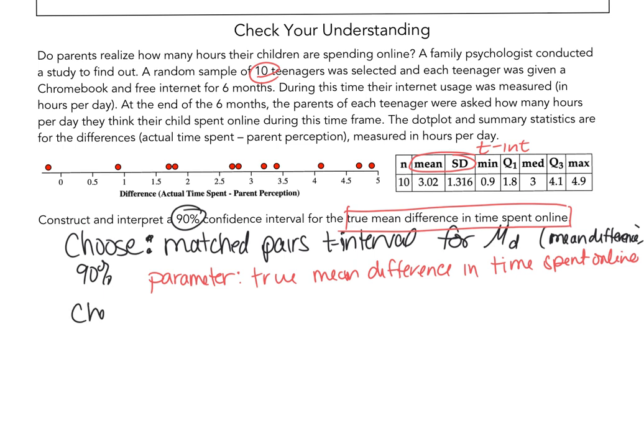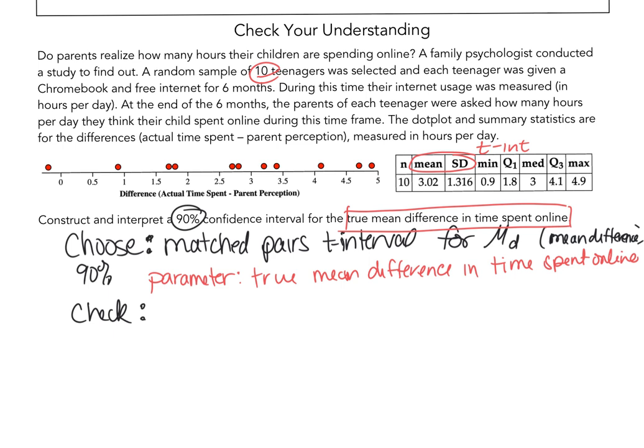The next is check. We have our 3 main conditions. For the T intervals, it's going to be random or random assignment, n is less than 10% of the population, and your central limit theorem. Is it a large enough sample? So is it a normal population? Is n greater than 30? And if those aren't true, we look at the histogram for no skew or outliers.